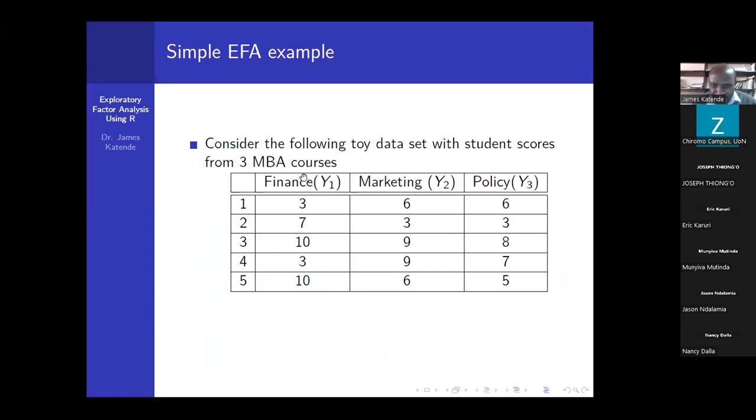So you expect that you'll end up with 2 factors, and these will be able to explain the grades. Our initial hypothesis would be that finance would measure quantitative ability, while marketing and policy would lean towards the verbal ability of the students. We'll see how that can be extracted.